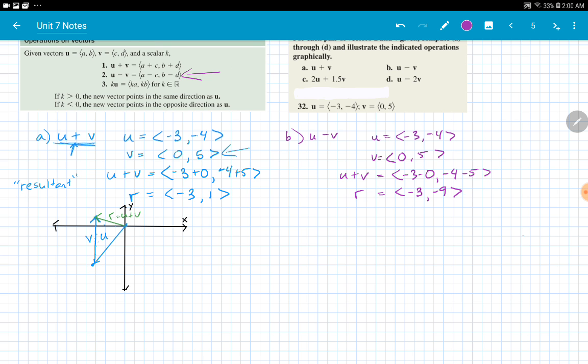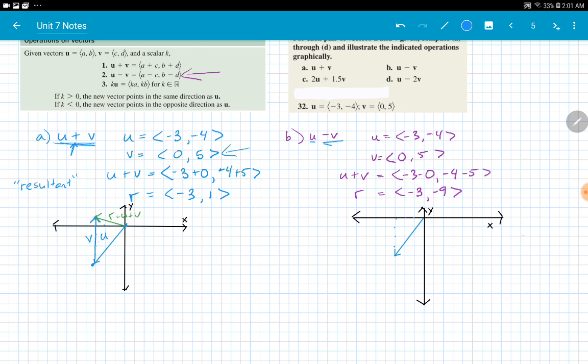And again, graphically, we start again with u. So u is the same as before, -3 and -4. It starts at the origin, and the terminal side is at -3, -4. Then we start v where u ended, but this time we're subtracting, so you can think of that as negative v.